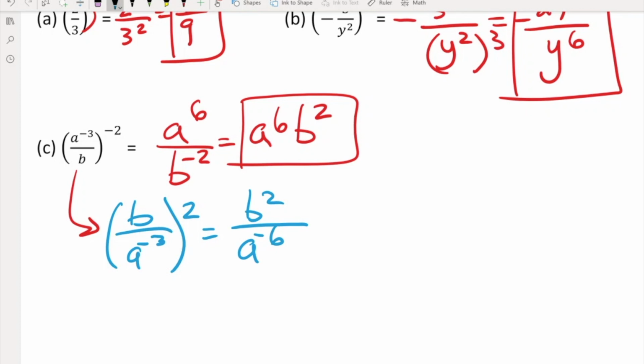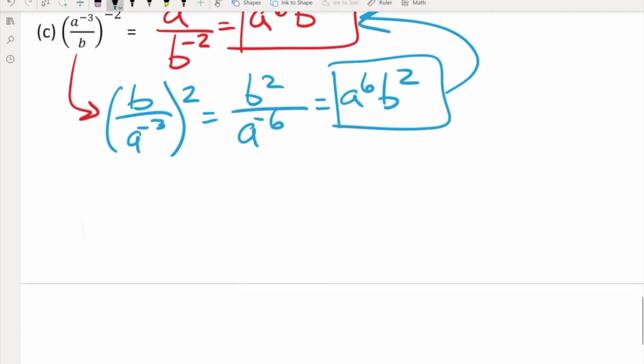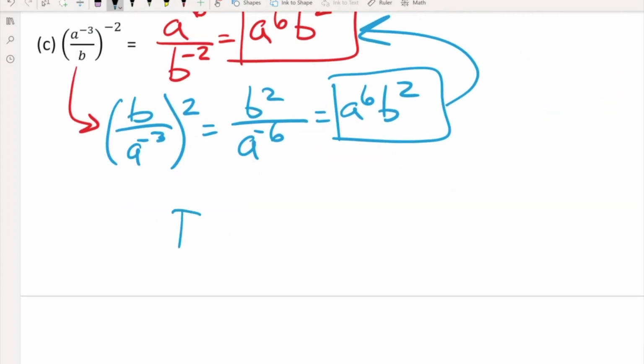But a to the -6 is on the, you guessed it, wrong side of the fraction. So I bring it up to the top, and there's b to the second as well. See, same answer. I'm really just applying the rules in different orders, and you're allowed to do that. This is all taking place inside of the E.